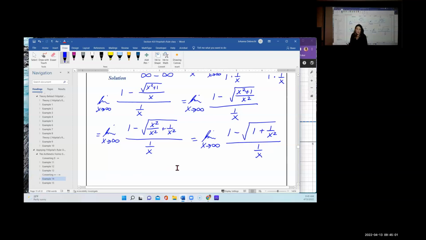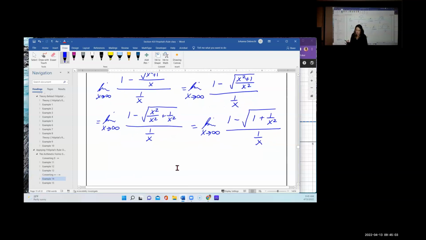So I want to reevaluate. I need to do some more calculus. So I'm going to plug in the value of infinity. I now have one fractional form. So I have 1 minus the square root of 1 plus 1 divided by infinity, all divided by 1 divided by infinity. All right, now let's think about what that does. So when I've got 1 divided by infinity, I know that that's going to approach 0.